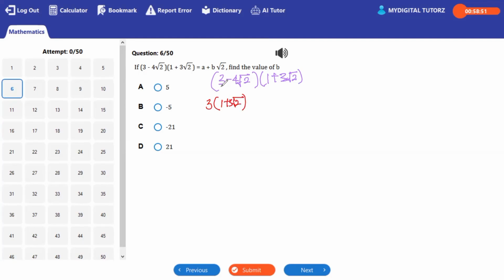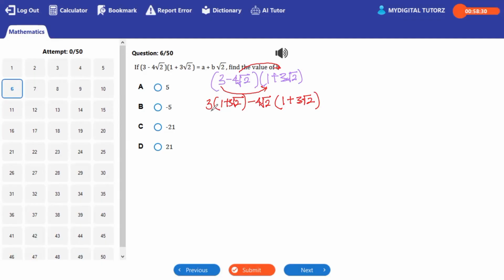So I use this one to multiply the whole of this one. When I'm done with that, I'll use the whole of this. Remember, the negative belongs to 4 root 2. I'll use it to multiply the whole of this. Is that clear? So that will be minus 4 root 2 into bracket 1 plus 3 root 2.